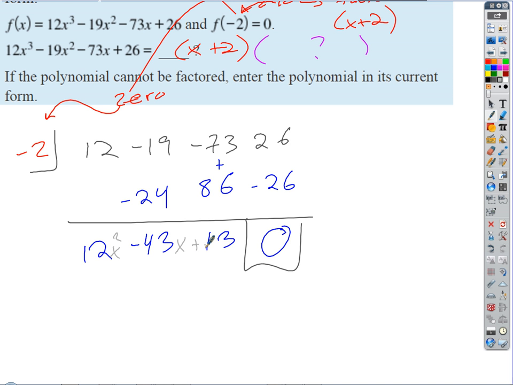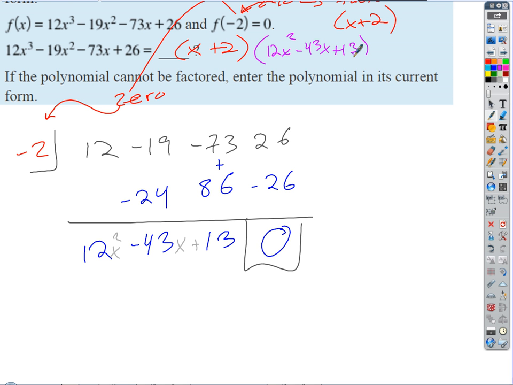Everybody agree? Okay, so then that's what would go right here. 12x squared minus 43x plus 13.